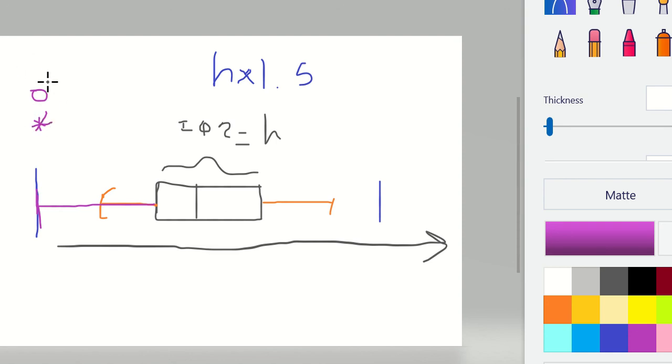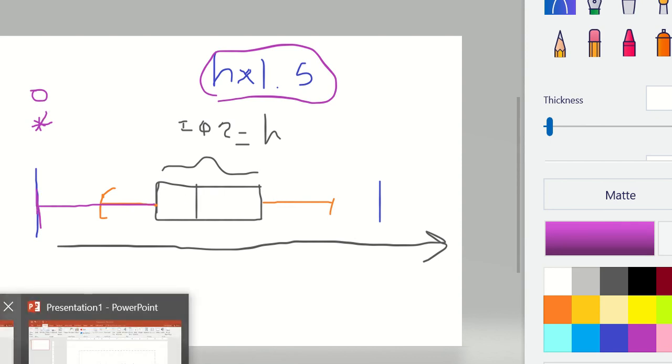A bubble is representative of a number that is occurring beyond the boundary, however within another distance of 1.5 H, okay? So within the other 1.5 H, you get a bubble, however anything beyond the second 1.5 H, you have to represent it using a star. And this is true for the lower limit and the upper limit, okay?